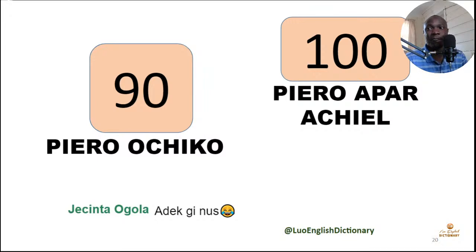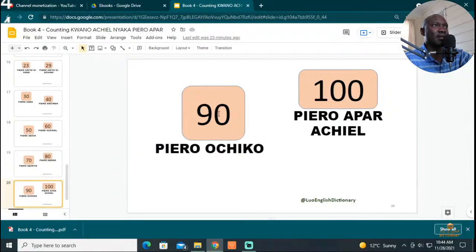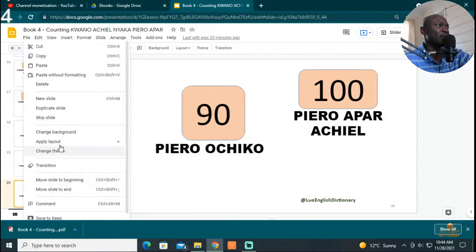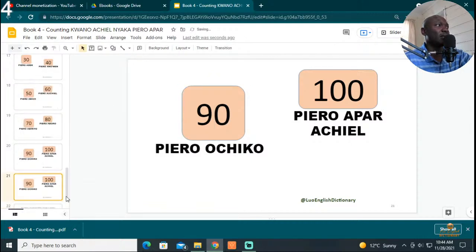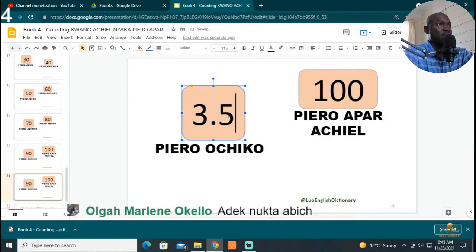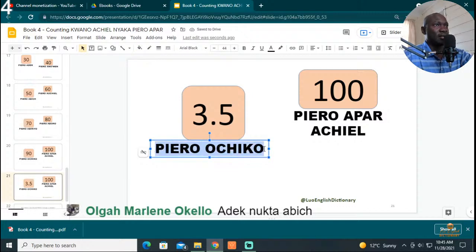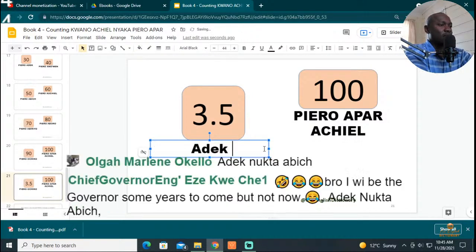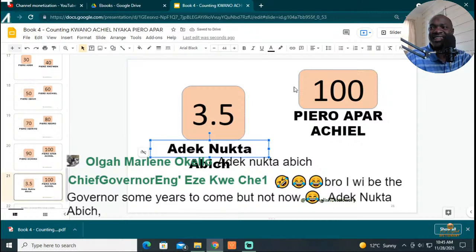Yes, that's correct. But we also use the word Nukta. So we would say Adek Nukta Abich. So let me just put it on my screen so that we can talk about it, and someone else can give us a better way of saying that, if there is one.